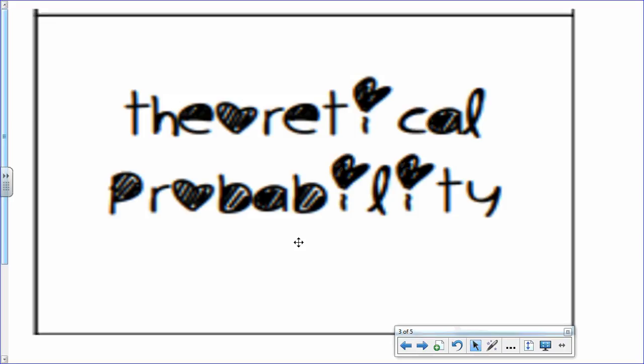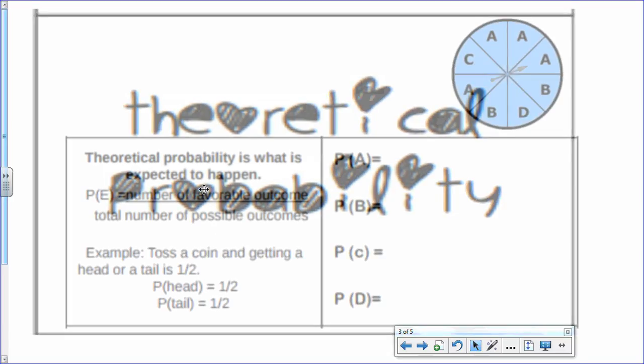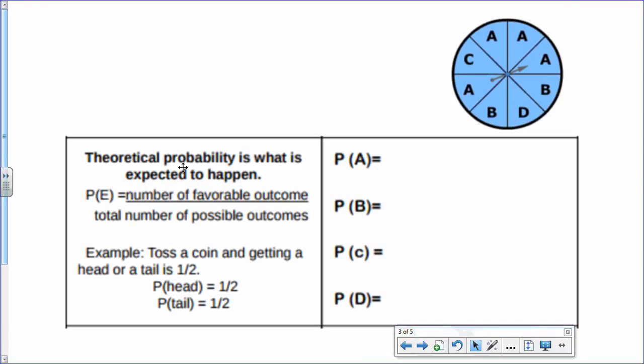So first we're going to talk about the theoretical probability. Theoretical sounds like the word theory because that's what it is. It's in theory what should or what is expected to happen. So the definition is theoretical probability is what is expected to happen.